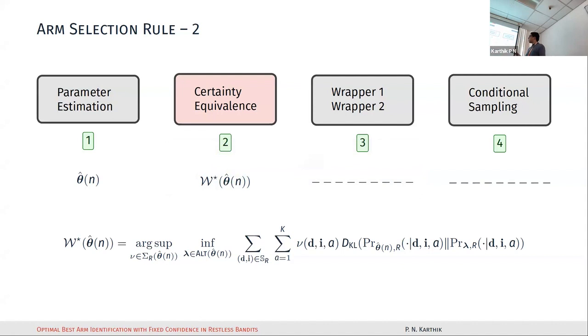That is a very computationally intensive task. In fact, this kind of sup inf computation has to be done even in the IID setting. But there some things can be simplified, because you can simplify this inner objective in the IID setting and have nice closed form expressions for the W star theta. Whereas here, I'm not able to do that. So this is one computationally intensive task. As such, the policy is very computationally intensive, not at all computationally efficient.